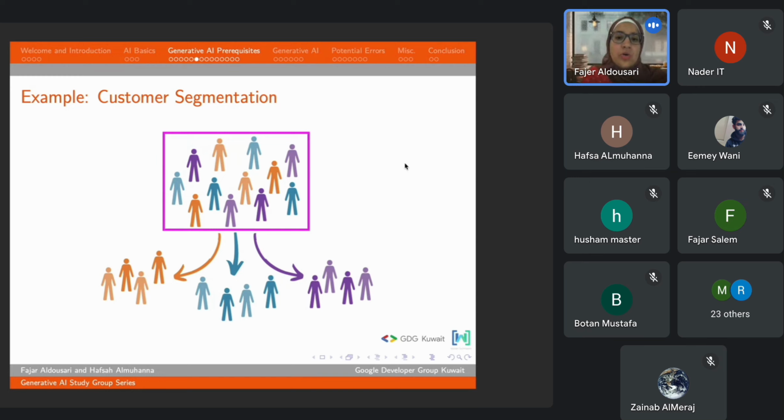What this algorithm would aim to do is group those customers based on similarities that it sees.